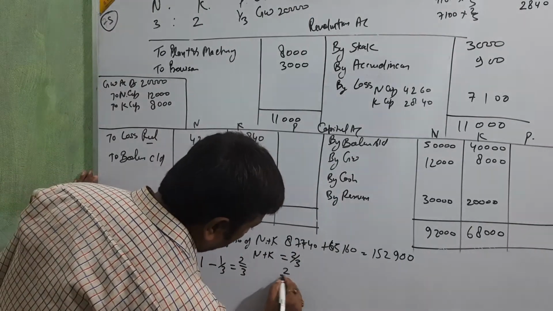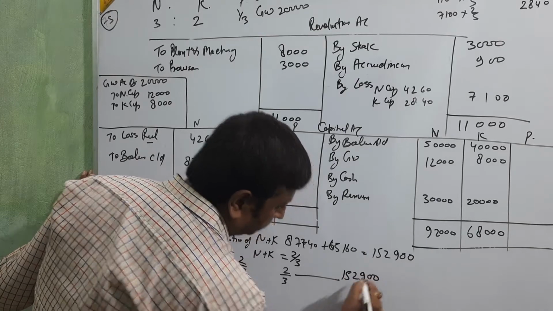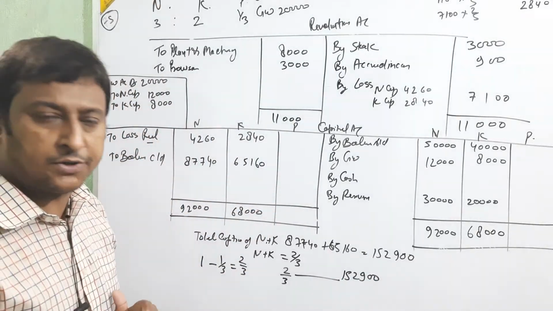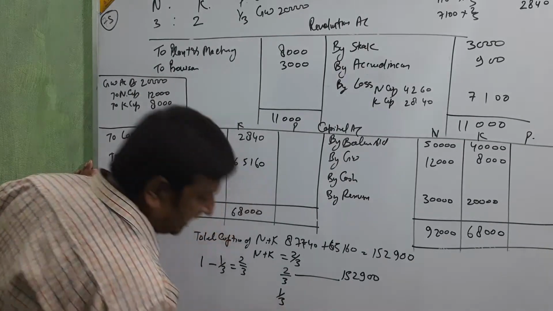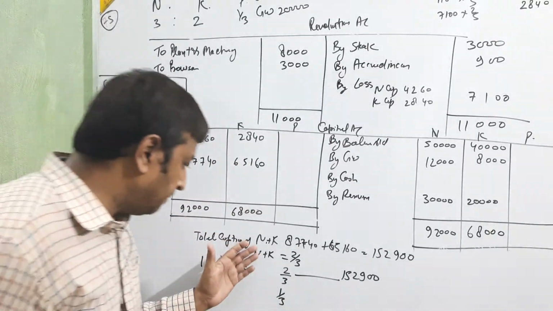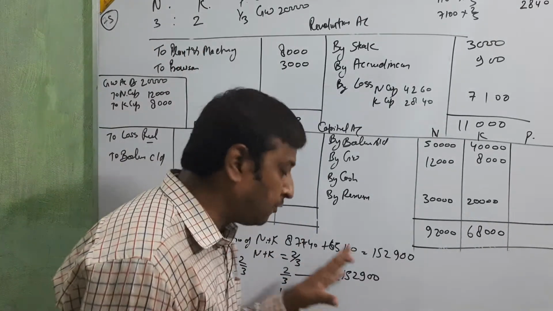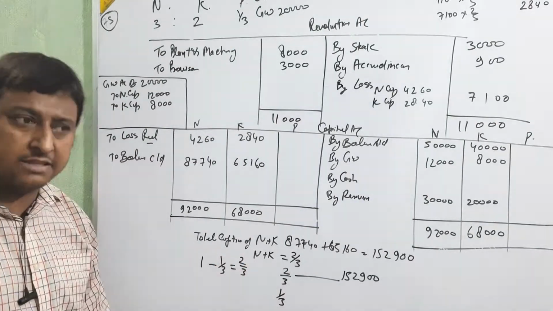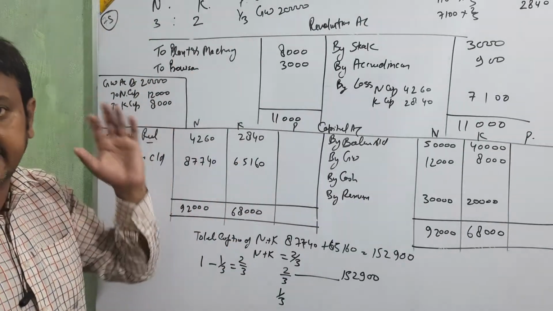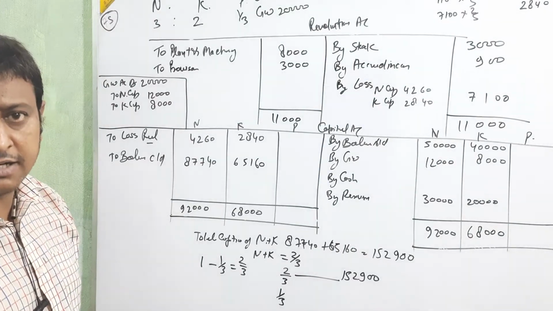If 2/3 is the ratio, then we need 1,52,900. So for 1/3, on the basis of 3/2, the old partners come with the capital of 1,52,900. So for the 1/3, how much amount is taken by the new partner, Prem?